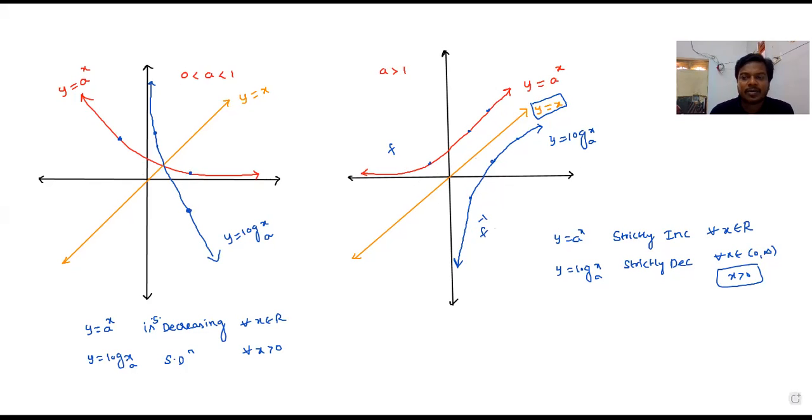Next, we will discuss trigonometric functions. Graphs of trigonometric functions we are going to discuss now.